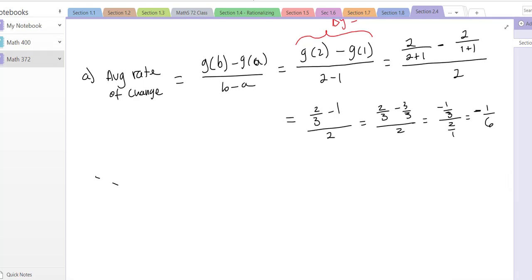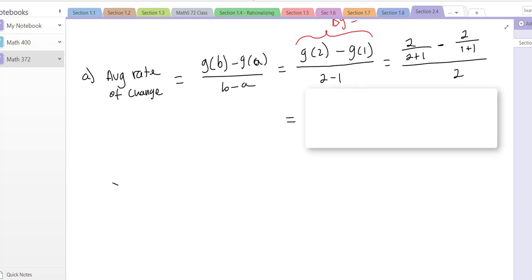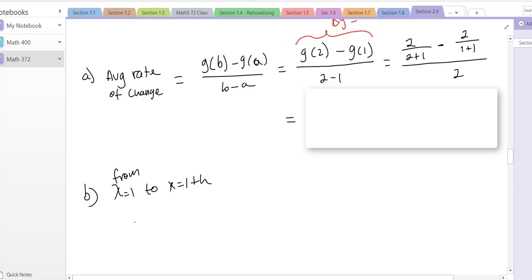Okay, so part B is the average rate of change between x equals 1, so from 1 to 1 plus h. So in this case, the average rate of change is going to be g of b minus g of a.